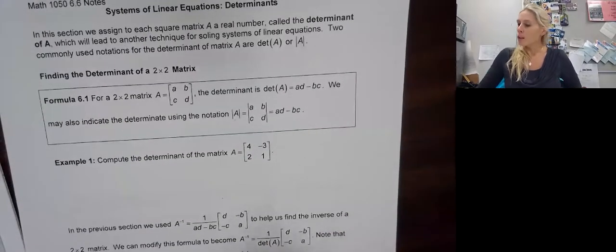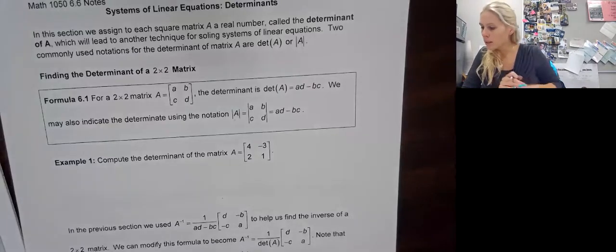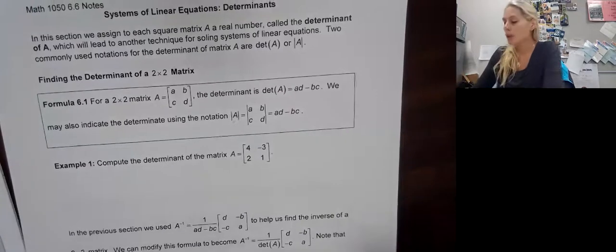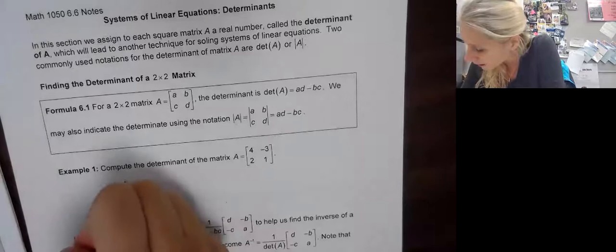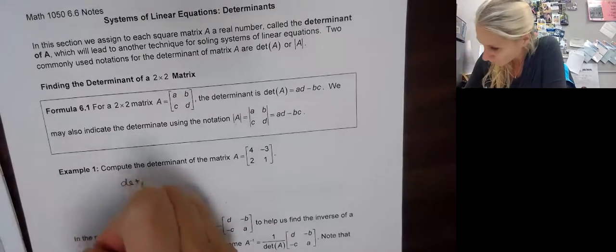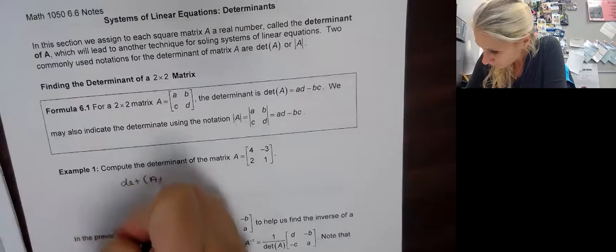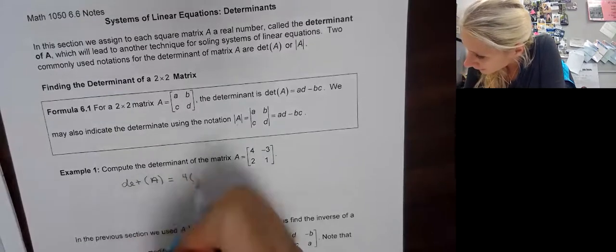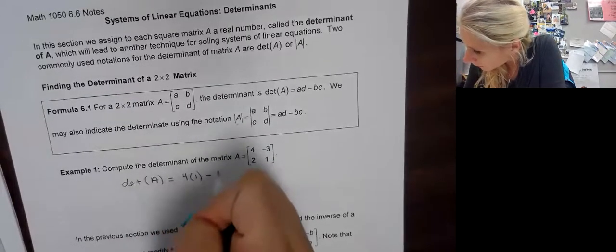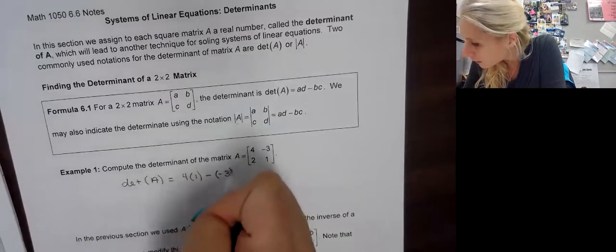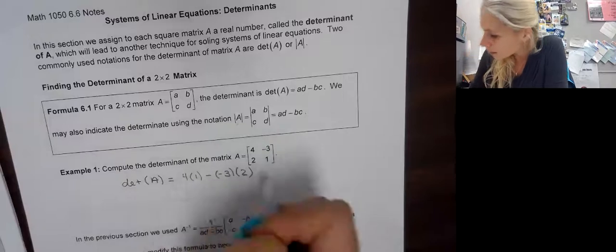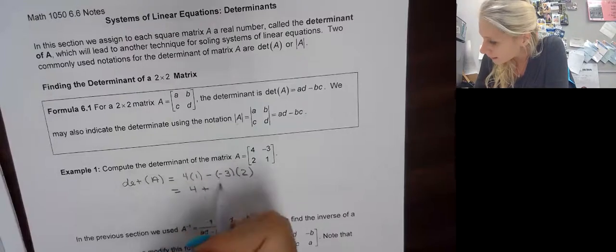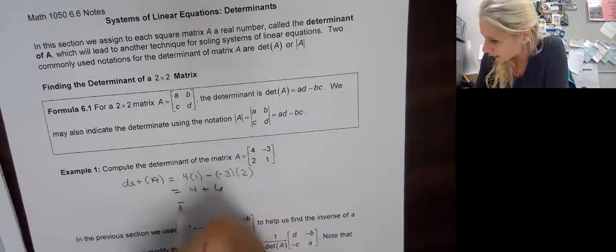So what we're going to do right now is compute the determinant of the matrix A. Now, you do need to denote that you're going to do the determinant. So I'm going to say determinant of A equals, and remember it is A times D minus B times C. And when I do that out, let's say we get 4 plus 6, which is 10.